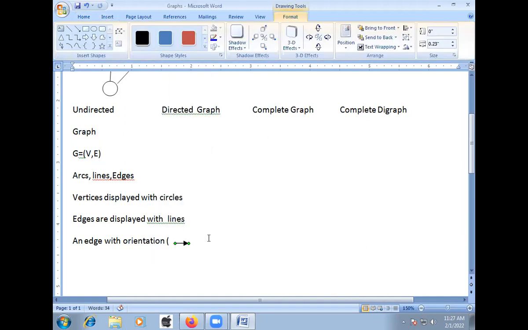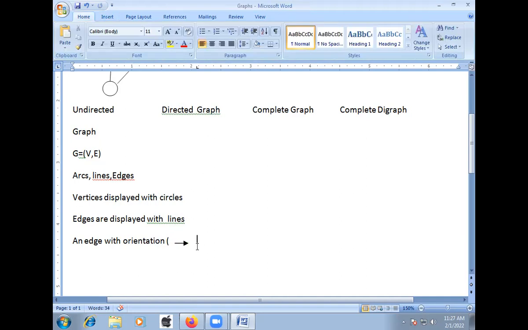This is orientation. This is called a directed edge. Just understand?